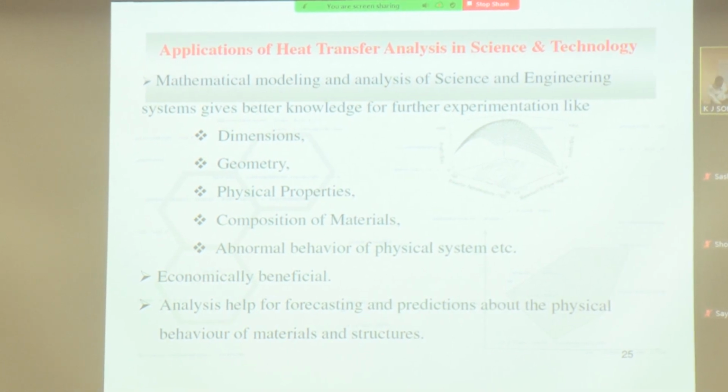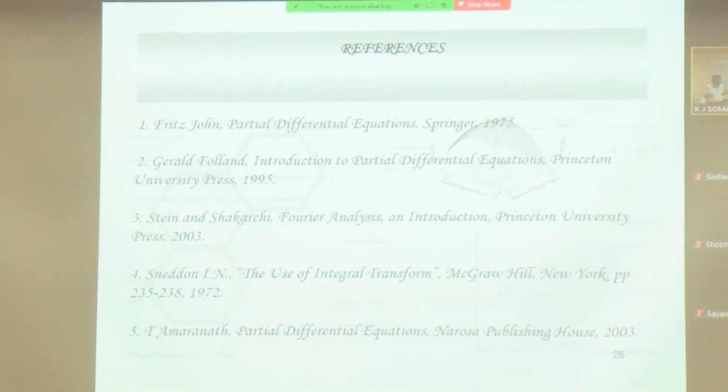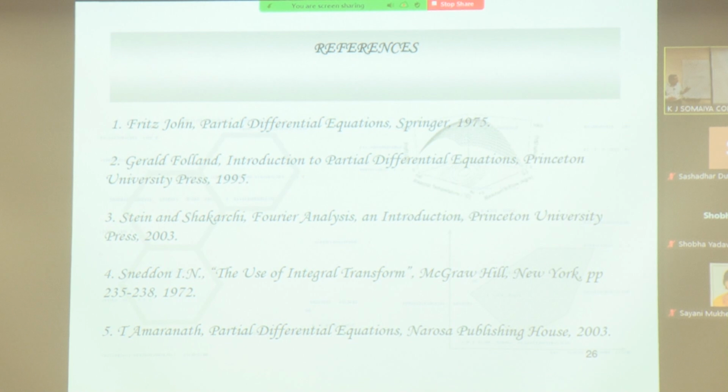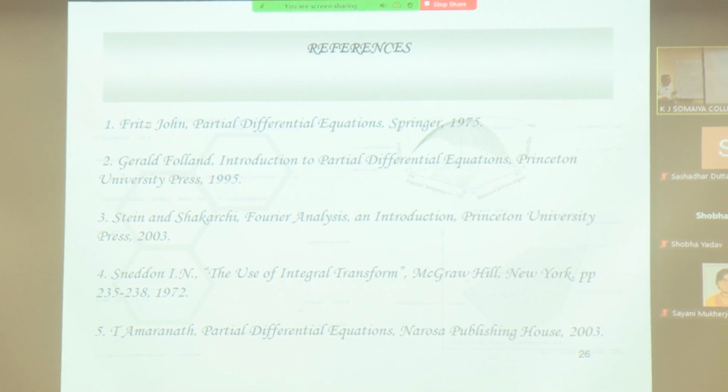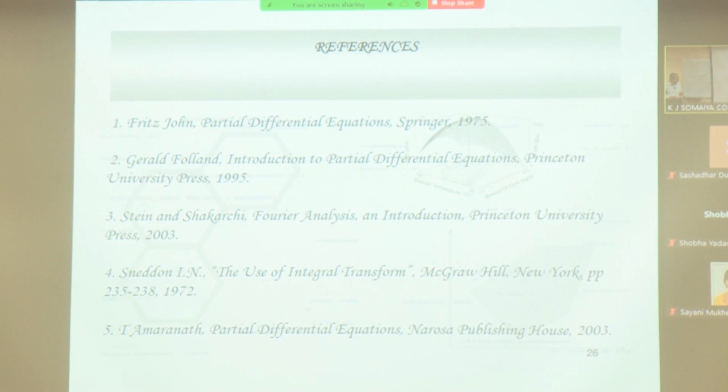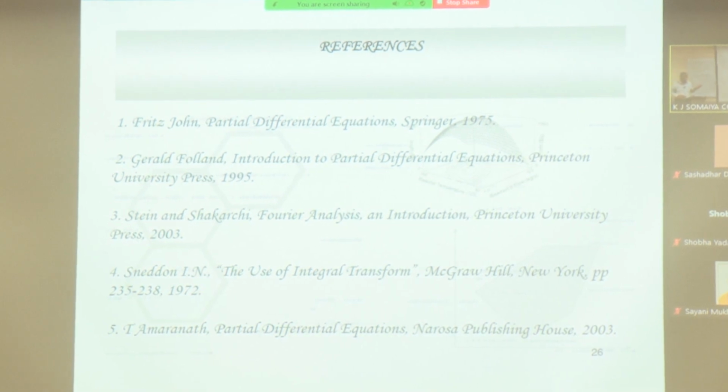So I think I will conclude here. These are the references I used during my lectures. Partial Differential Equations is a well-known book by Fritz John. Then there is the Poland book on partial differential equations. For the Fourier series and the good kernel properties that I talked about a little, Santacruz is a very good book.